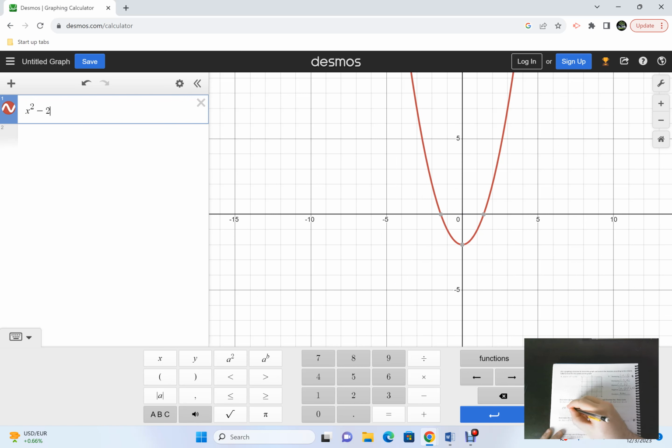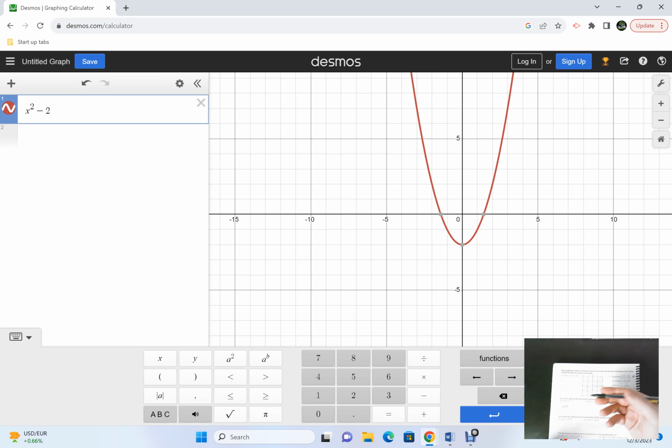I don't care, because again, even symmetry is symmetrical across the y-axis, right? So that means if I cut the graph and fold it over the y-axis, it should be symmetrical across the y-axis. Okay, and again, you can usually tell because the exponent in your equation is even, which is a pretty cool, easy way to see.